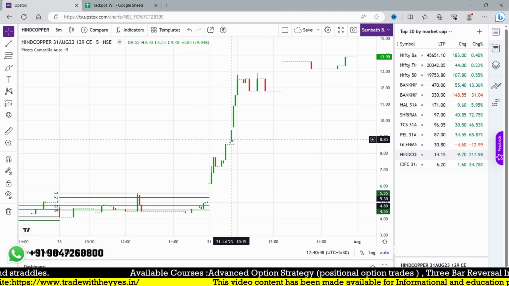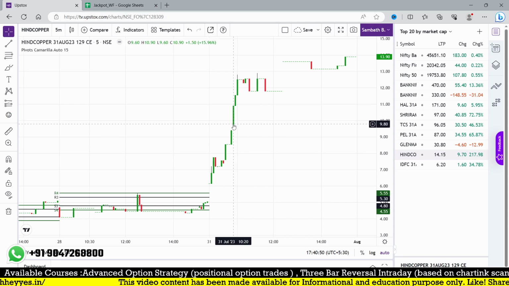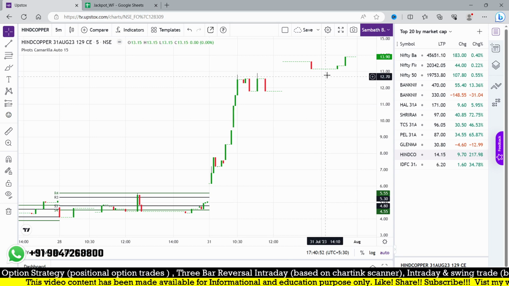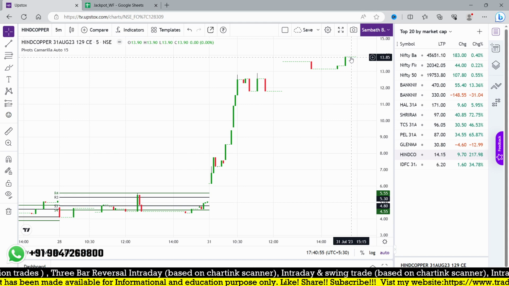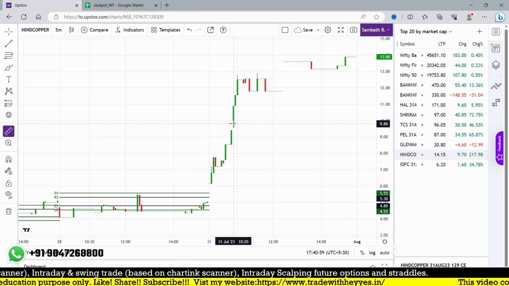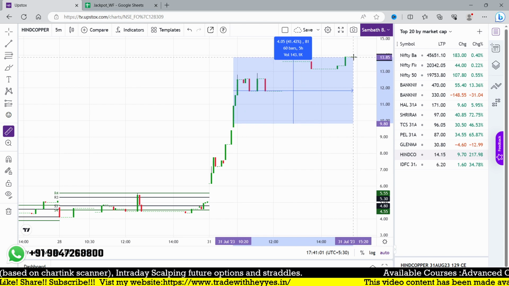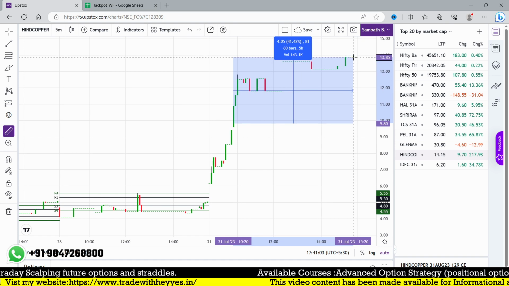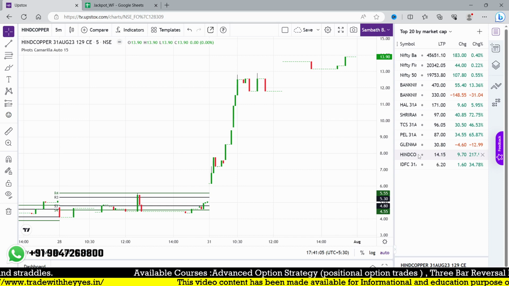It got triggered around 10:20. From 9.7 it reached towards the peak of almost 14. So from our entry point on this strike price, it went more than 40 percent. But in the same case I took 130.